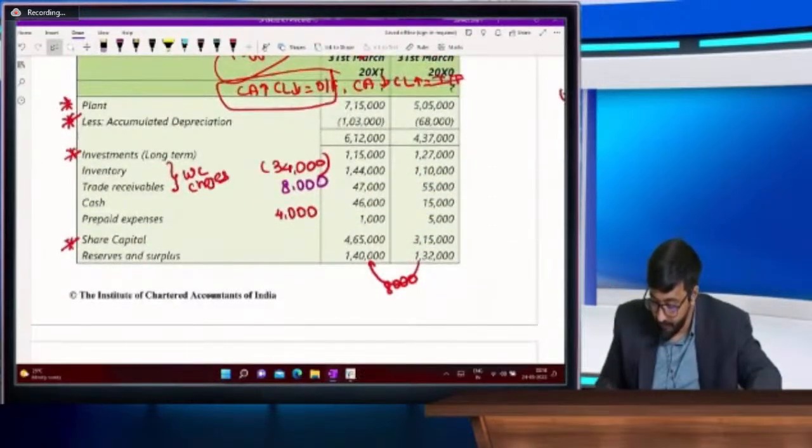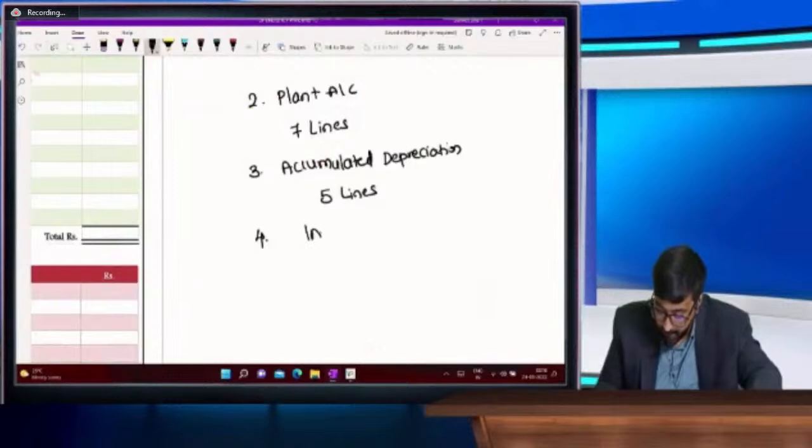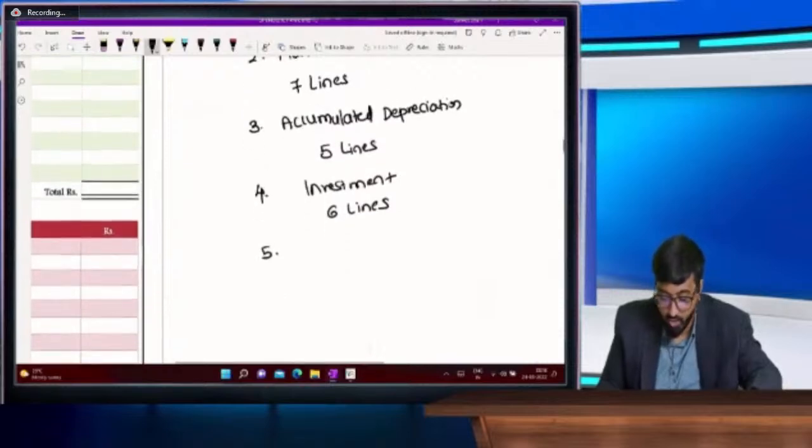After that, beta, investment account, 6 lines. Minimum 6 lines. You can leave 1 extra line.